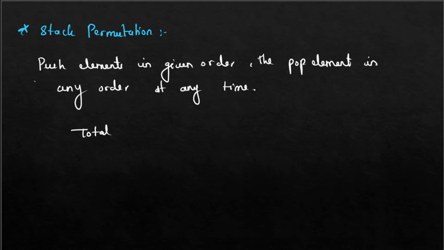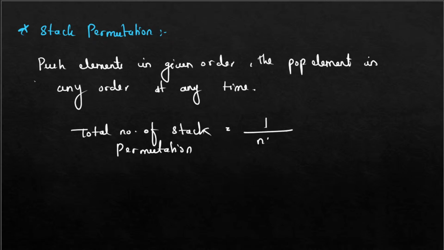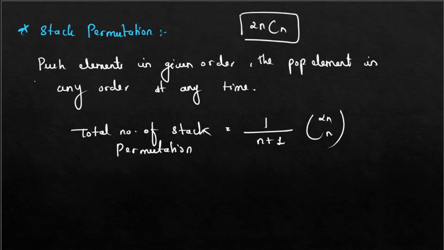I'm writing here: total number of stack permutations equals 1 upon n plus 1 times 2n C n, which is the combination. Permutation and combination you all know. So this is the concept it relates to. Let's talk about recursion now, and after that I will give you a short trick for this. So recursion.